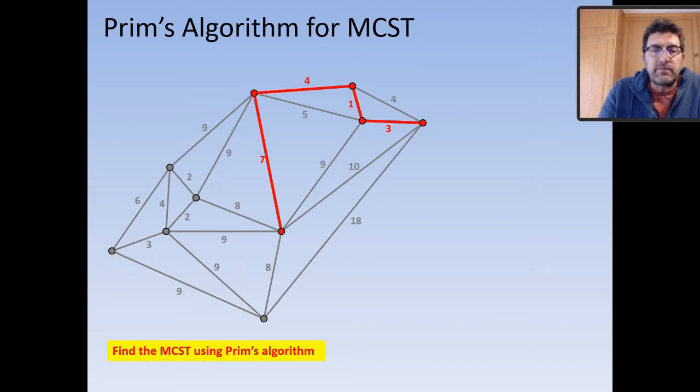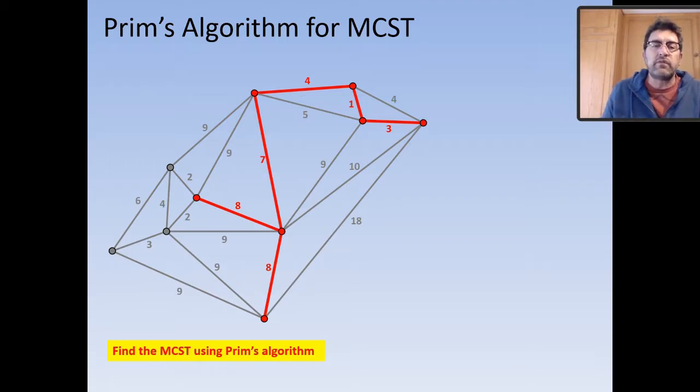I'm at the bottom vertex now. It has 3 adjacent vertices that have not been used. The weights being 8, 8 and 9, so I can choose the 2 8s, because clearly that's the next weight that I need to focus on.